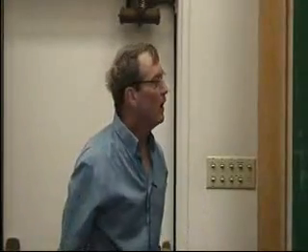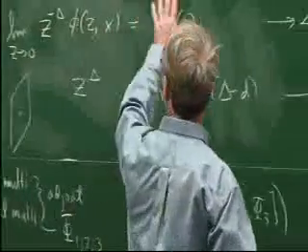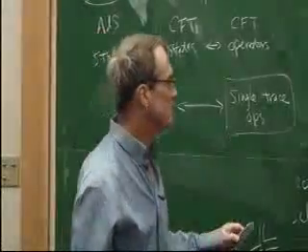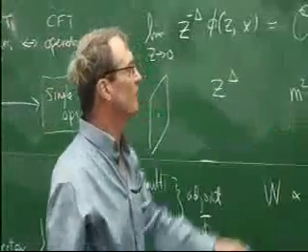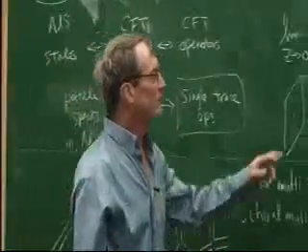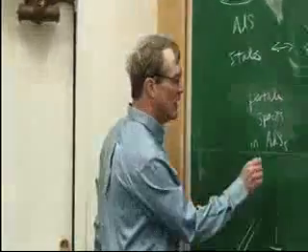Okay, so we can check real quickly that with this dictionary, the conformal symmetries match up on the two sides. And again, in the CFT there is some list of operators. In the gravity theory, this again is all in 5 dimensions now.